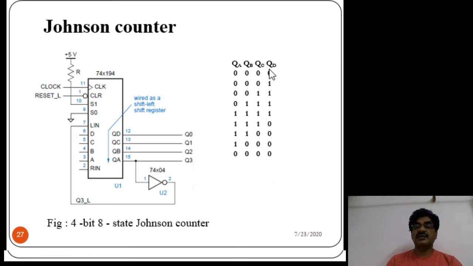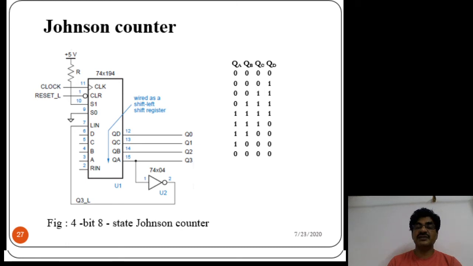As usual, the IC with its inputs and outputs, you know that using the clear input, you can reset this counter. That means at the output you can observe all zeros. After that, if you maintain left shift operation, for the left shift operation S0 is 0 and S1 is 1.